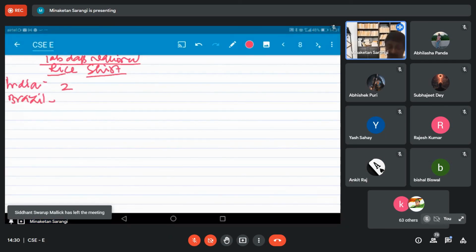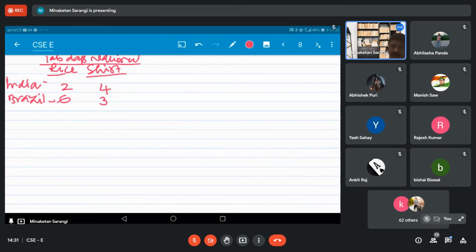Sat, let us say India requires 4 labor days to produce 1 unit of sat. Brazil, let us say, requires 6 instead of 10: 6 labor days to produce 1 kg of rice and 3 labor days to produce 1 sat. We now have 240 labor days.